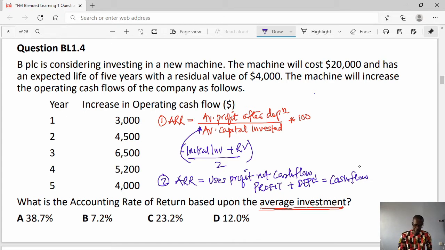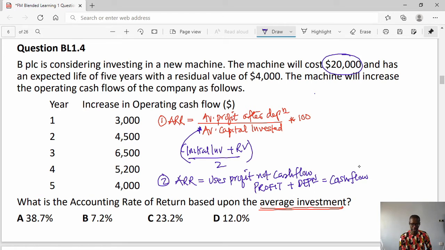Now this is a particular question which gave you the cash flows. Once you have the cash flow, you need to take away the depreciation so that you can get the profit, because the formula says average profit is what you should use. Now, BPLC is considering investing in a new machine. The machine will cost $20,000. That is the initial investment.